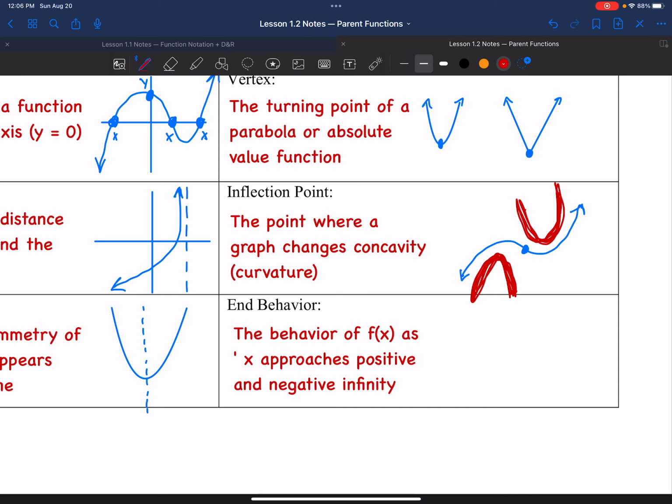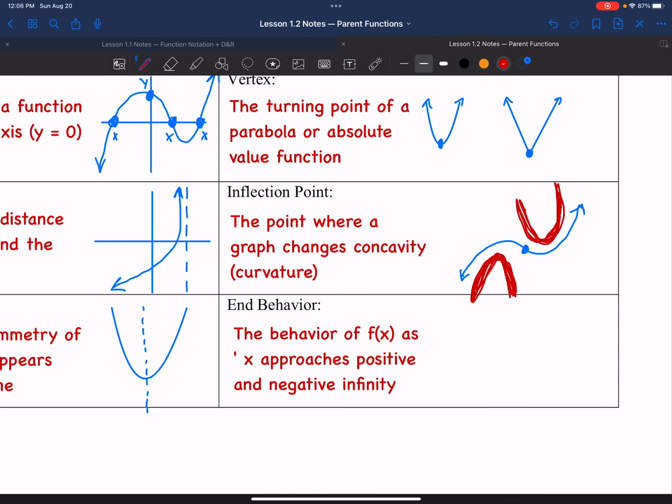That's what's meant by inflection point. This will be covered more in calculus, maybe a little bit in pre-cal, because that's when we really care about inflection points. But that's not this class. So you're going to see the inflection point for a few parent functions, but we're not going to do a whole lot with it, okay?